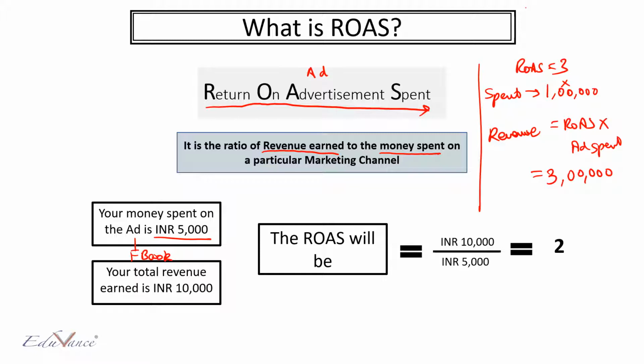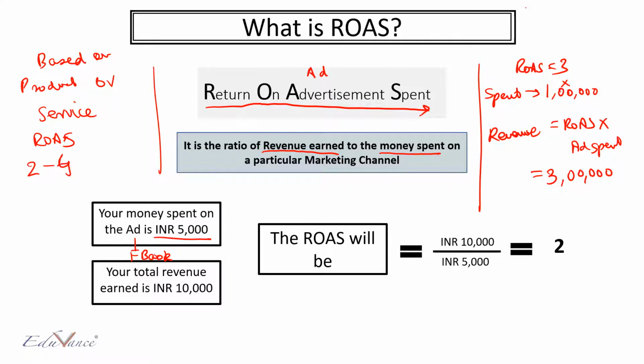Why am I explaining this concept? Because based on whether it is a product or service, your ROAS will change. And by the way, there are no fixed answers. You have to assume some values, but your typical ROAS varies between 2 to 4 for a startup company.